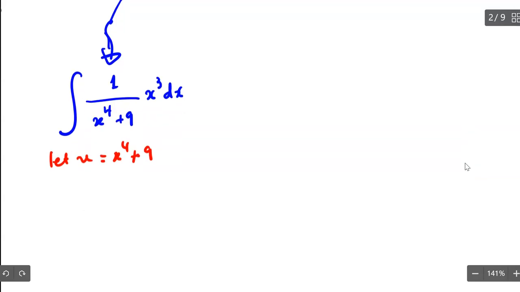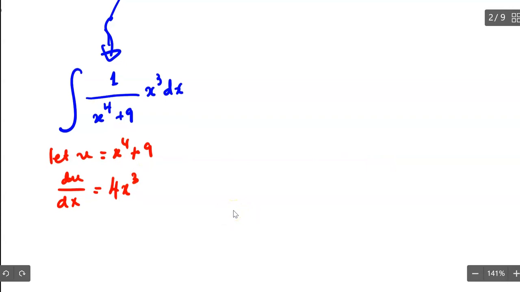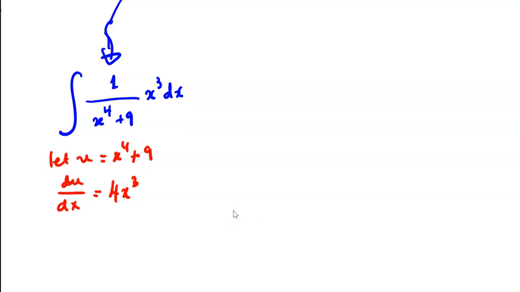Let u equal to x to the 4 plus 9 and differentiate immediately. So it's 4x to the 3, because you multiply by 4 and reduce the exponent by 1, and plus 9, the derivative of 9 is equal to 0.